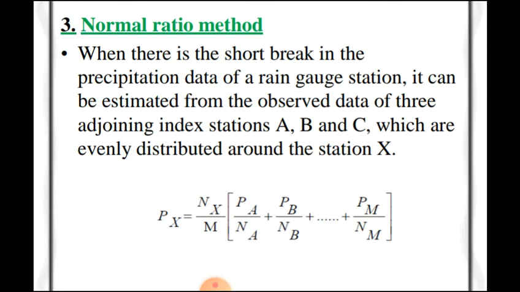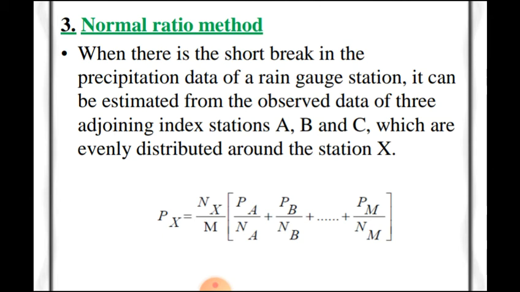If you look at a typical storm, the center of the storm is the largest, therefore depth will be very high. As we increase the area, that means moving away from that station, the depth decreases.